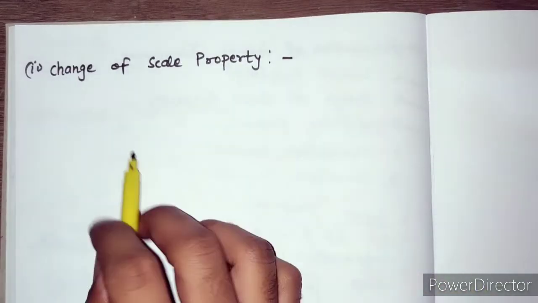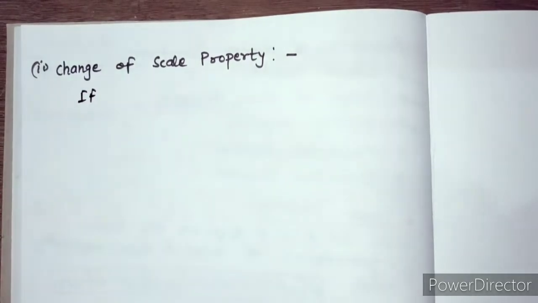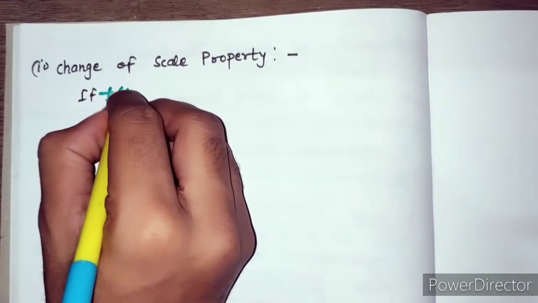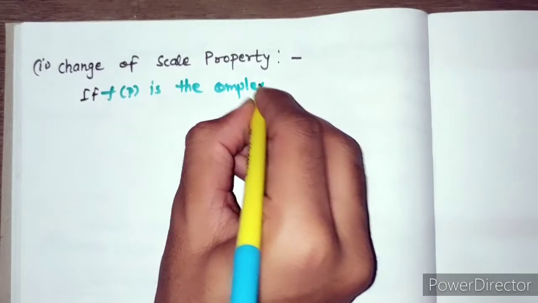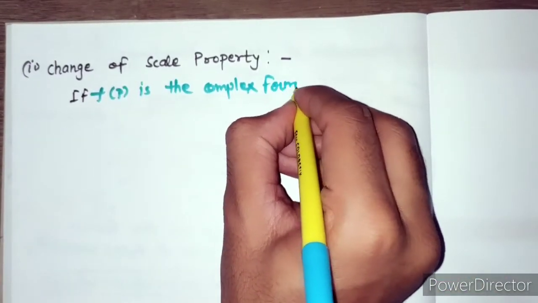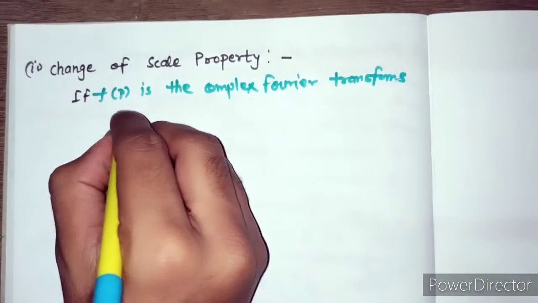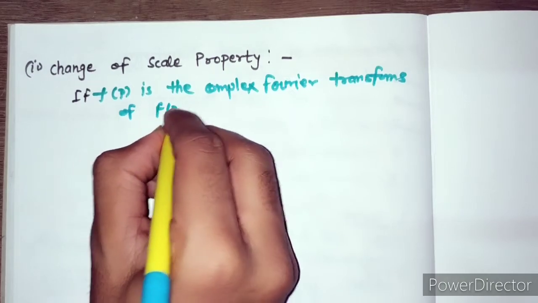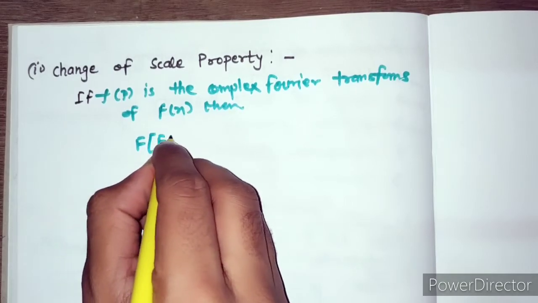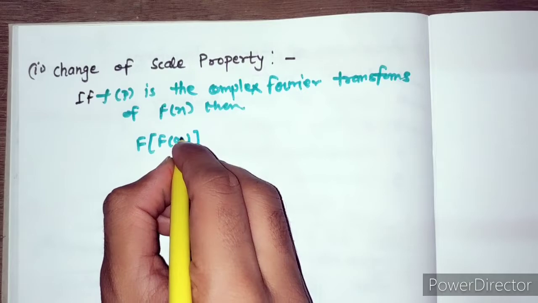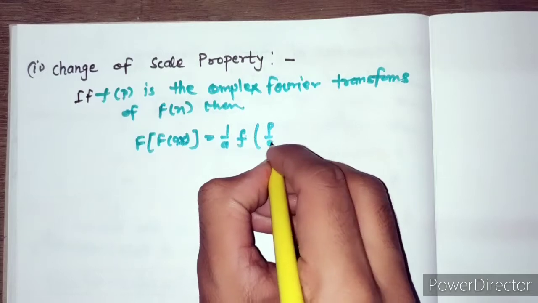This is the second property, the change of scale property. If F(p) is the complex Fourier transform of f(x), then the Fourier transform of f(ax) equals 1 upon a times F(p upon a).